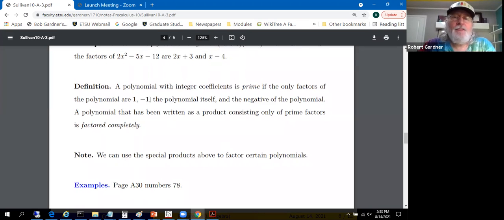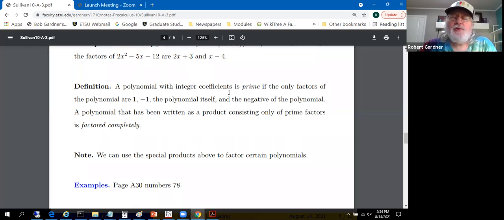A polynomial with integer coefficients is prime if the only factors of the polynomial are 1 and negative 1, and the polynomial itself. Oh, and the negative of the polynomial. Excuse me, let me read that again. It's having a little equipment troubles there.